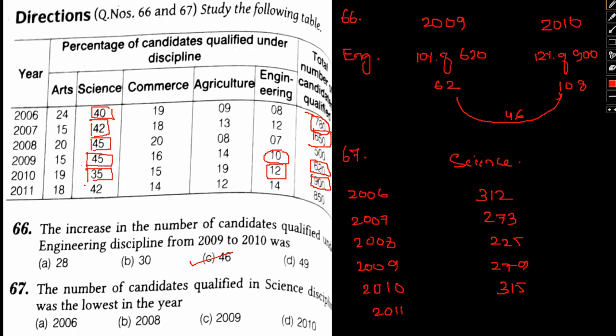And finally 2011, 42% of 850 would simply give us 357.